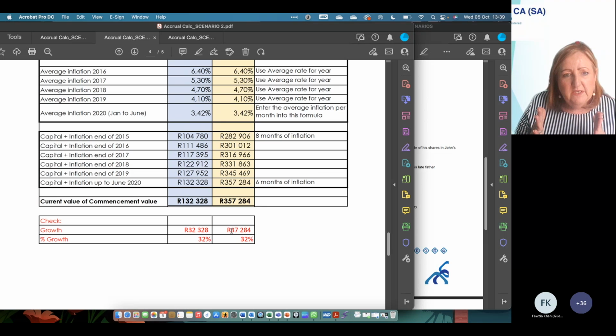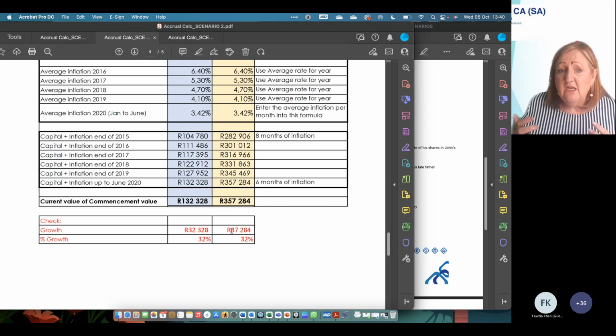If you take the 132,000 minus the 100,000, the original amount, there was a growth of 32,000, and there was a growth of 87,000 for Jill. So if you take the growth and you work out the percentage, it works out exactly 32% on both sides.